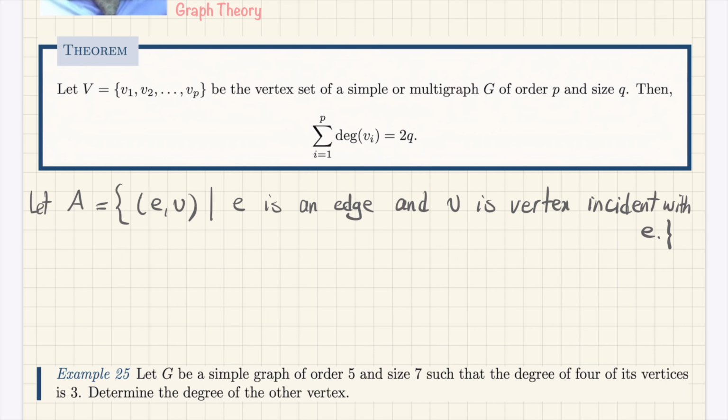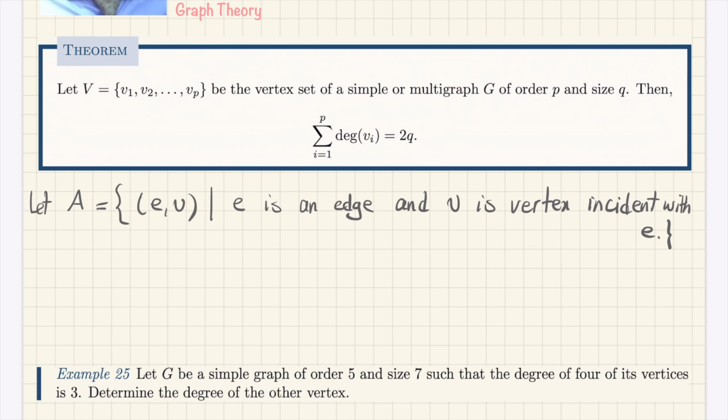Let me try to describe what I mean. I put ordered pairs inside this set. The first component is any edge that you like in your graph. But when you want to put a vertex, you put a vertex which is on that edge.